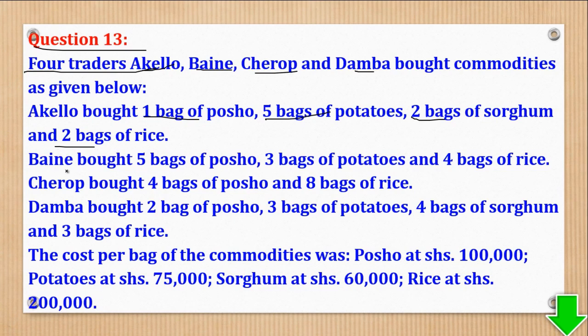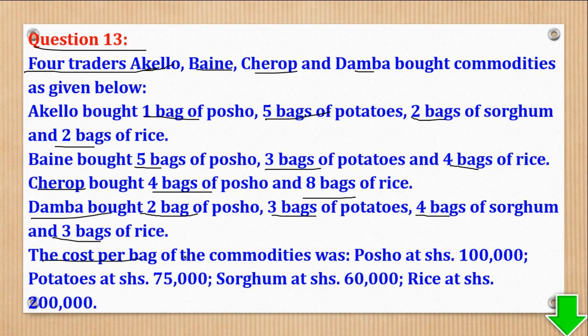Baine bought 5 bags of posho, 5 bags of potatoes, 4 bags of rice. Then Cherop bought 4 bags of posho and 8 bags of rice. Damba bought 2 bags of posho, 5 bags of potatoes, 4 bags of sorghum, and 3 bags of rice.